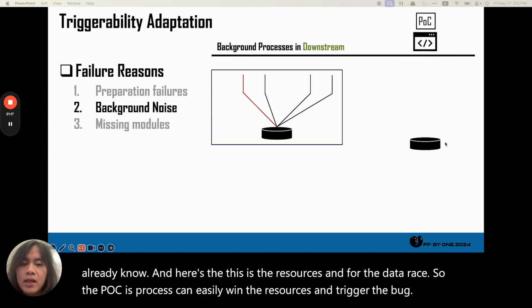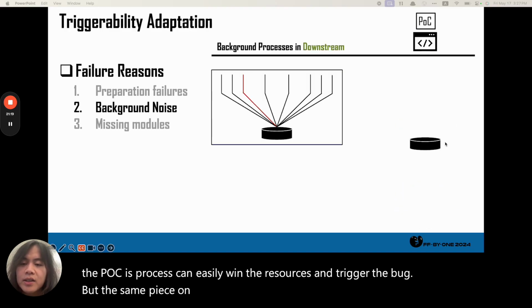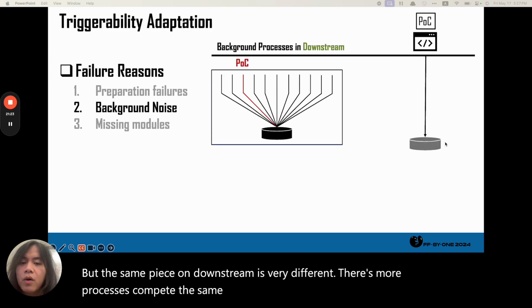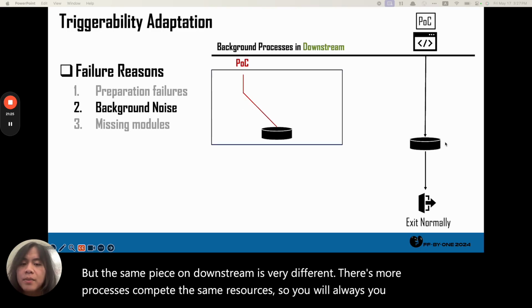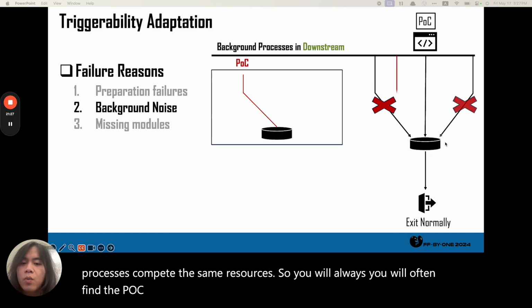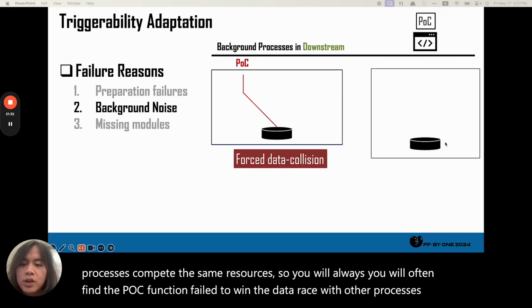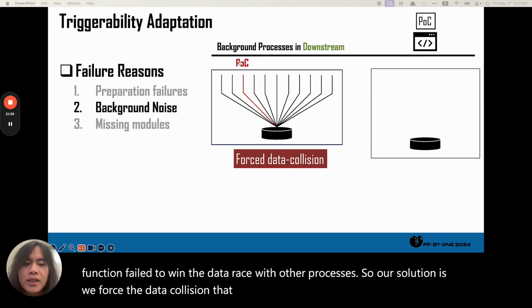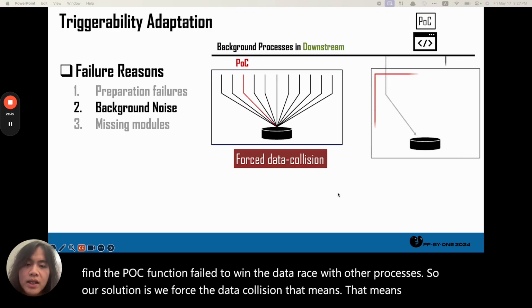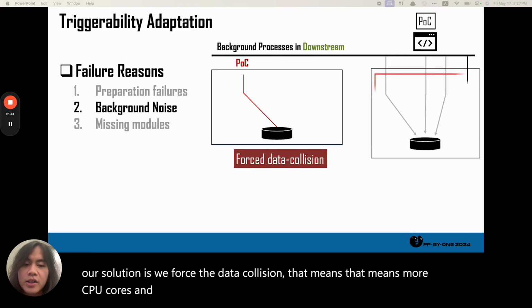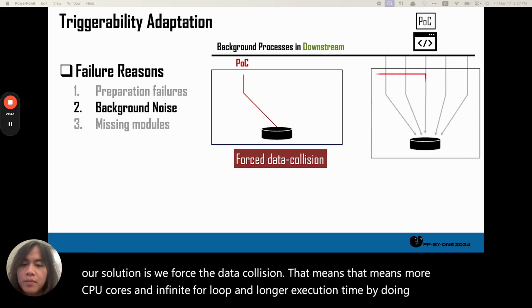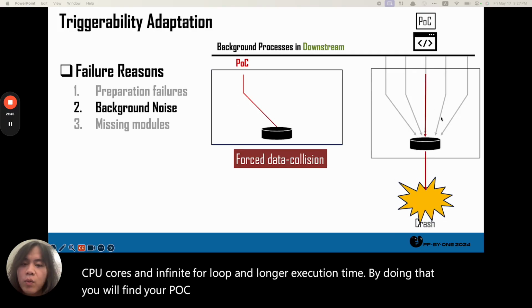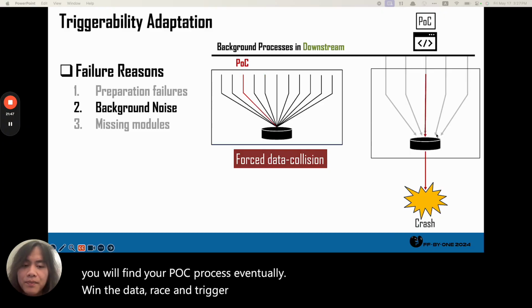But the same POC on downstream is very different. There are more processes competing for the same resources, so you will often find the POC function fails to win the data race with other processes. So our solution is to force the data collision. That means more CPU cores, an infinite for loop, and longer execution time. By doing that, your POC process will eventually win the data race and trigger the bug.